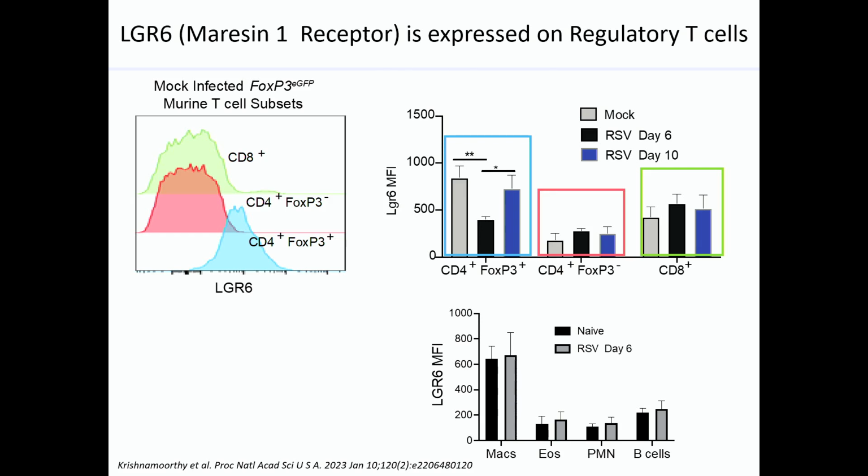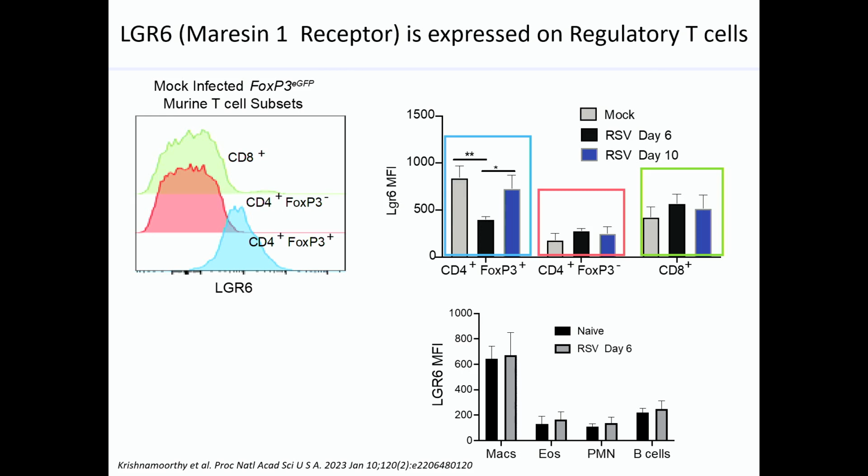When we looked for expression of the Maresin-1 receptor, which had recently been identified as LGR6, in addition to macrophages, where we would expect the receptor to be expressed in abundance, when we looked at lymphocytes, we found this was highly expressed on regulatory T cells, more so than other CD4s, and that's shown by the flow plot here, and more so than CD8s.